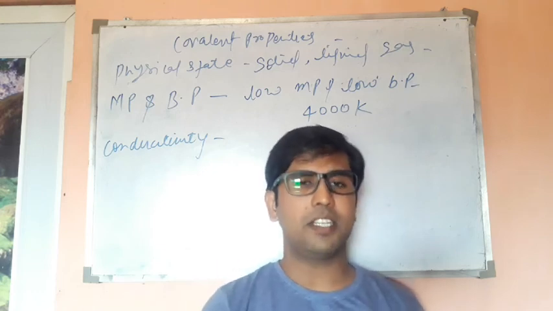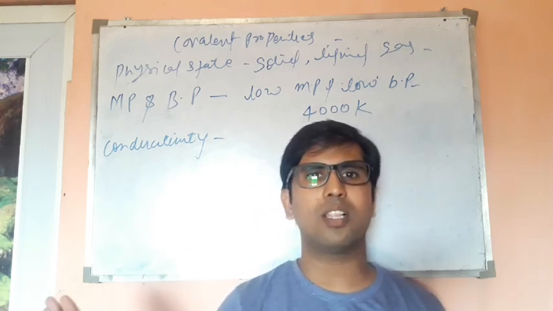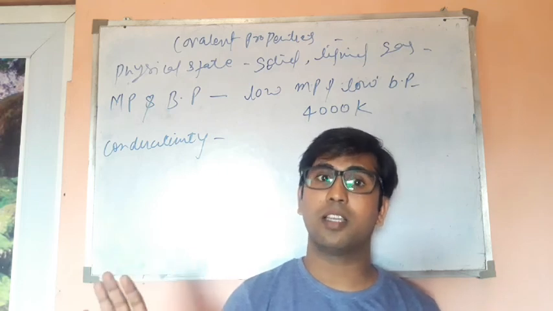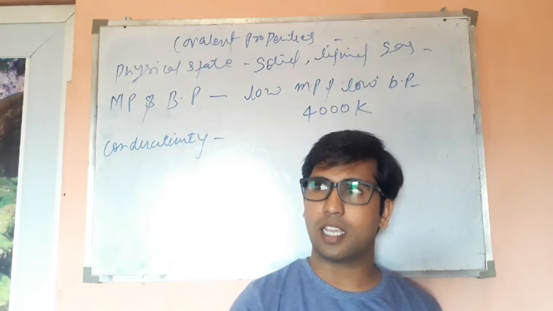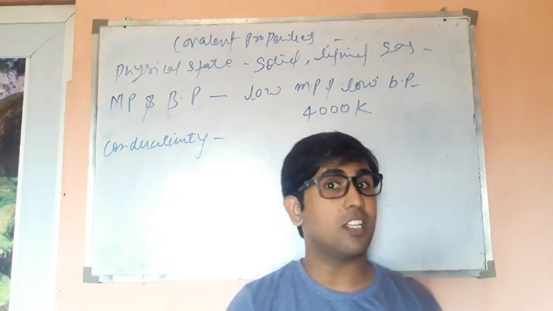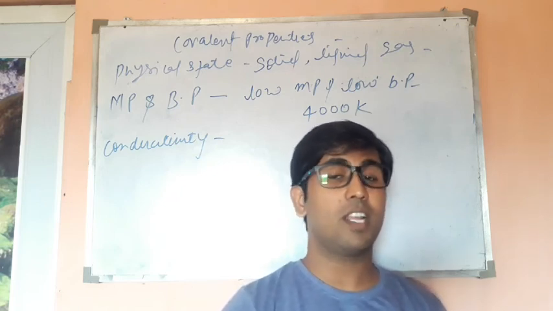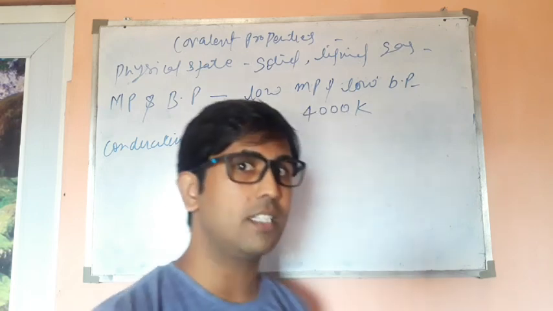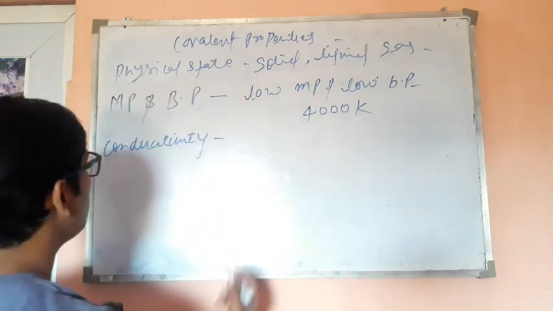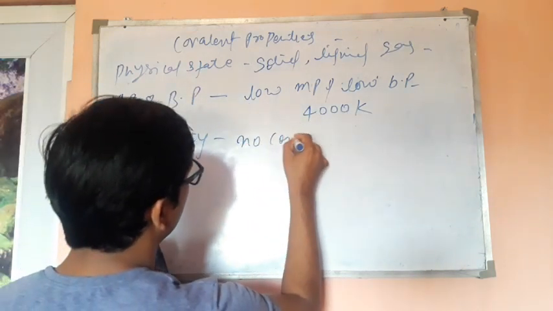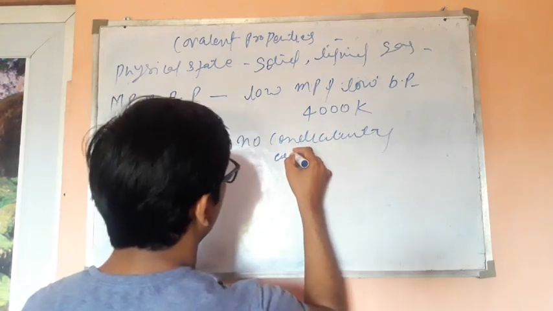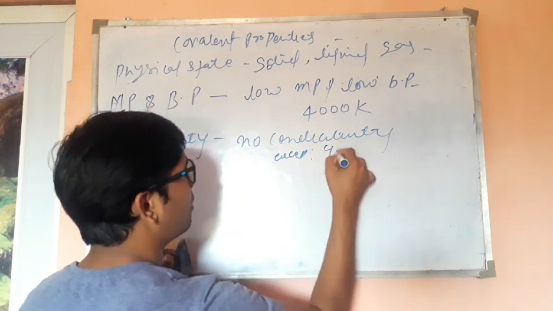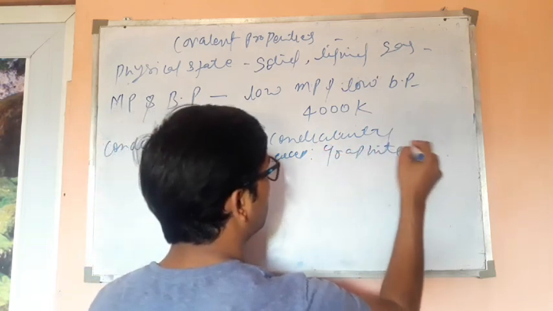So almost all covalently bonded substances are very repulsive to electric current and behave like insulators, except graphite. So generally they have no conductivity. Exception: graphite.